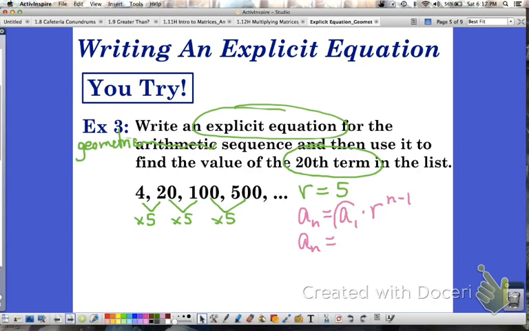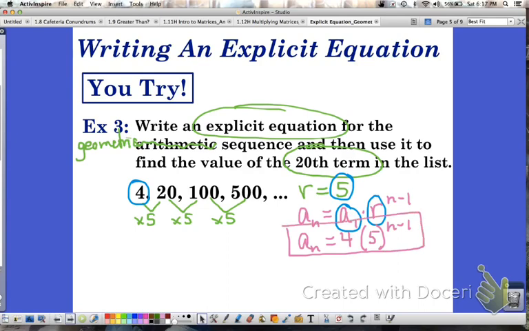The first term in the list is a 4. The common ratio is 5. Those are the only two numbers that get substituted. A sub 1 is a 4. The r is a 5. And the n minus 1 stays there. That is you writing an explicit equation.